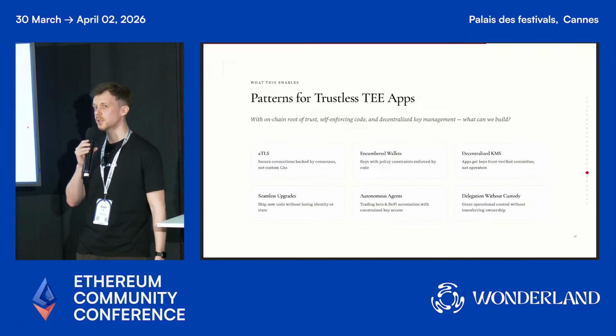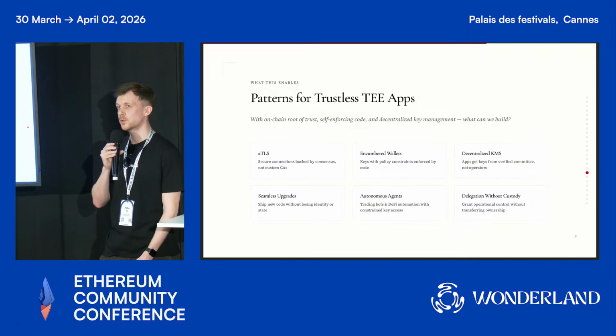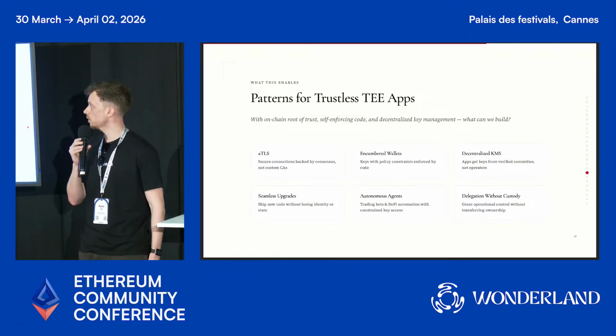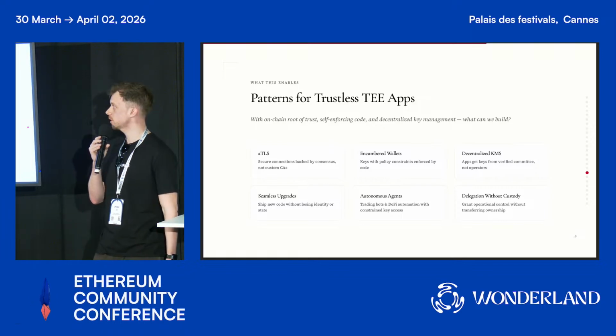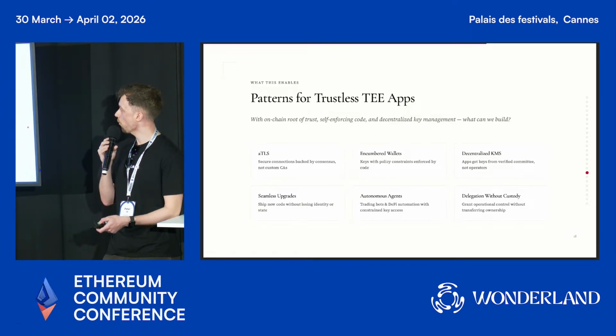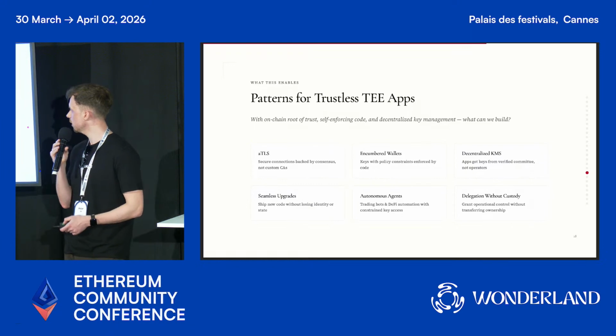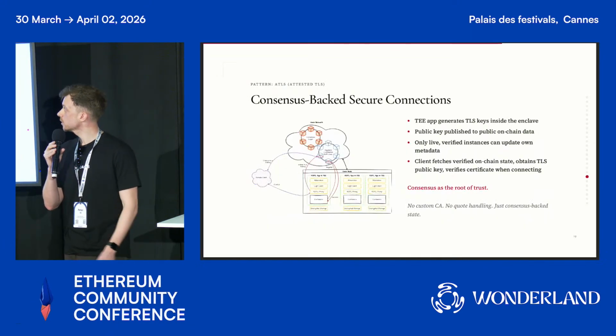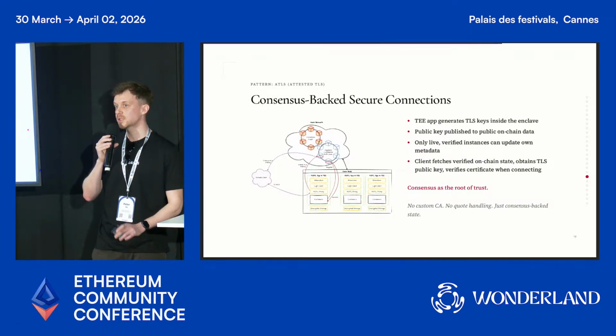So we've been building applications on top of this for about the last 2 years. And we found some interesting patterns, primitives that then enable more powerful applications to be built on top of this. I'll go over a few examples now quickly. So the first thing is what we call attested TLS.